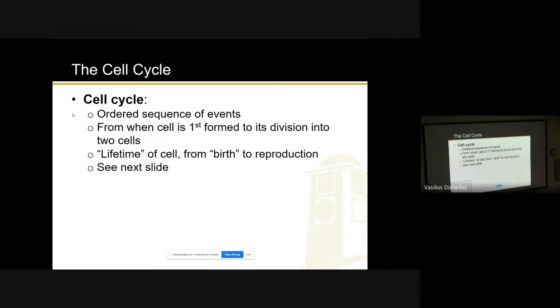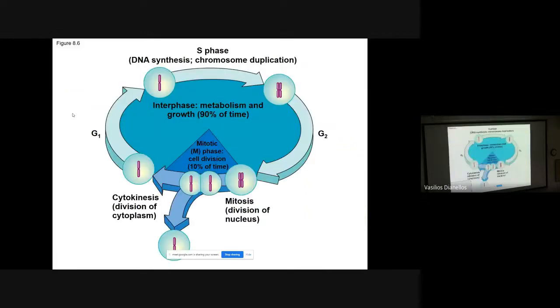So everything on this slide, I'm going to show you a picture of on the next slide. This is the cell cycle. This is what you need to know. We're going to talk about all these individually. But the biggest mistake, and I'm going to keep bringing it up as we have this discussion, is that the whole thing is broken down into two main stages. There's the big part, which is interphase, right?